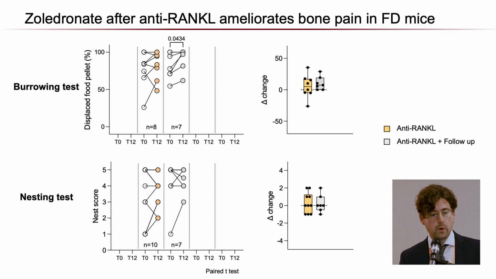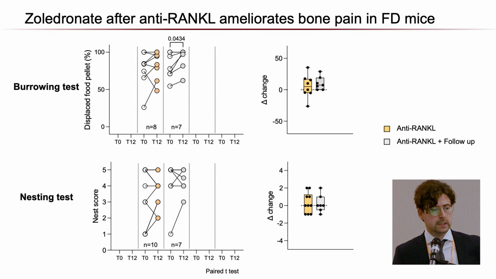But then when we treated with zoledronate and the vehicle group, we saw a worsening in the behavioral signs of pain. When we combined the zoledronate and anti-RANK ligand, we actually saw the best response in the pain test, meaning that we were ameliorating bone pain behavior in these mice.